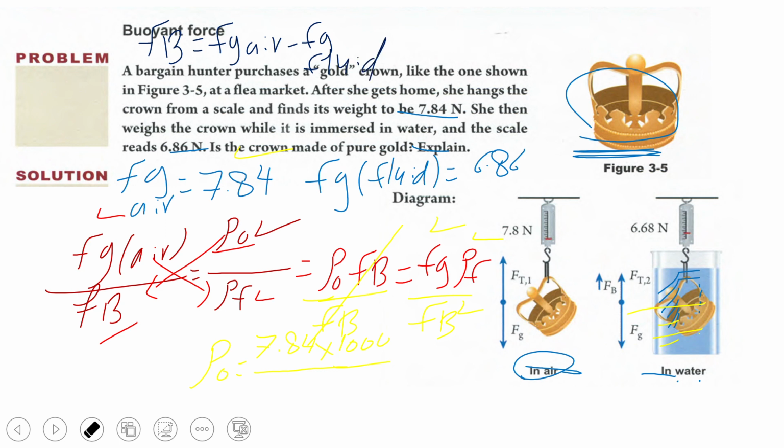Equal. Fg of the object in air, we know, is 7.84, minus Fg of the object in water, or in fluid, which is 6.86.